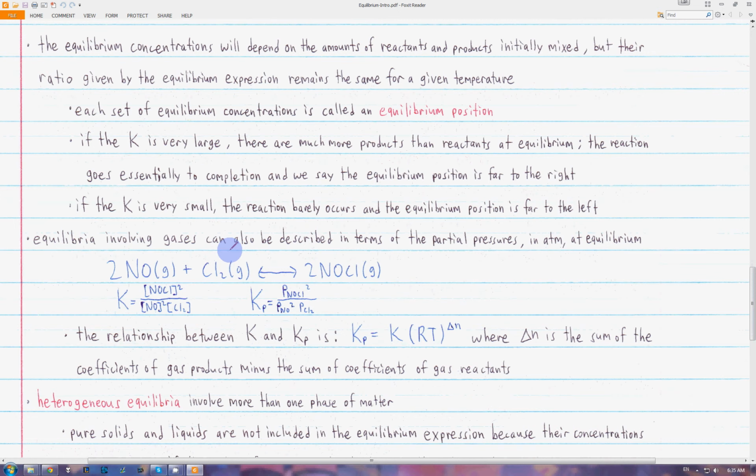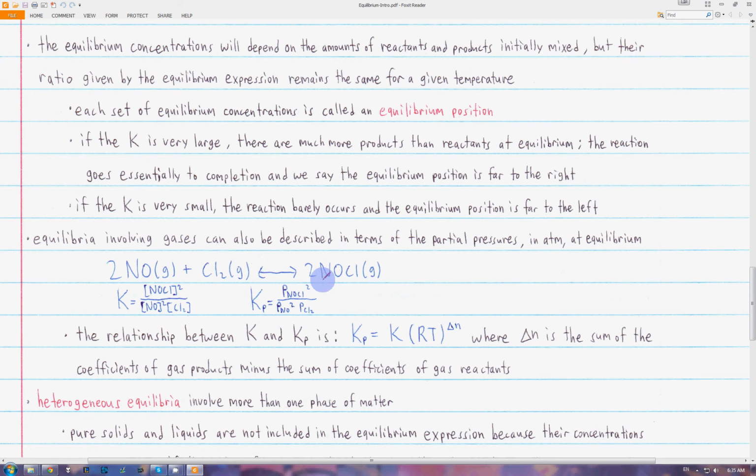So if we have an equilibrium involving gases, then in addition to the concentrations, we can also describe it in terms of the partial pressures of each gas in atm at equilibrium.